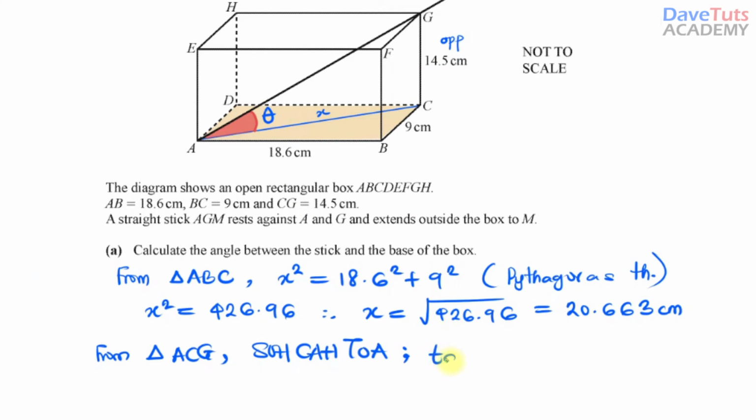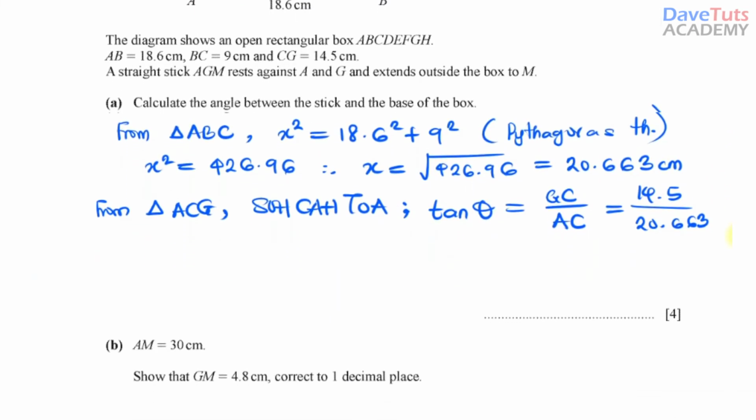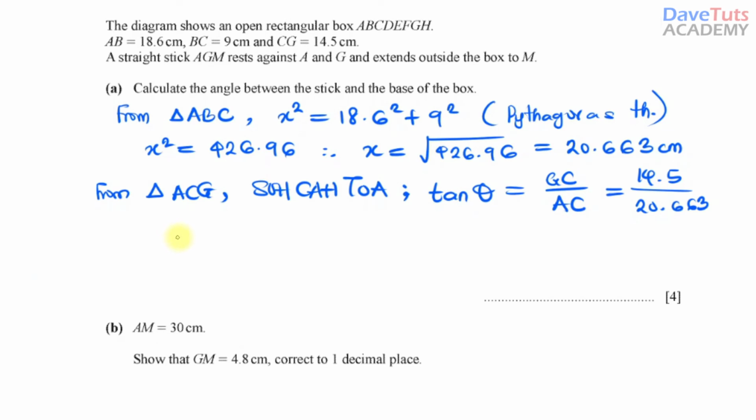So we can say tan theta, which is the one relating opposite to the adjacent, equals the opposite, which is GC, over this adjacent, which is AC. So that GC is 14.5, and that AC is what we just got as 20.663. So once we have that, we can input into our equation to say theta itself is going to be arctan 14.5 over 20.663.